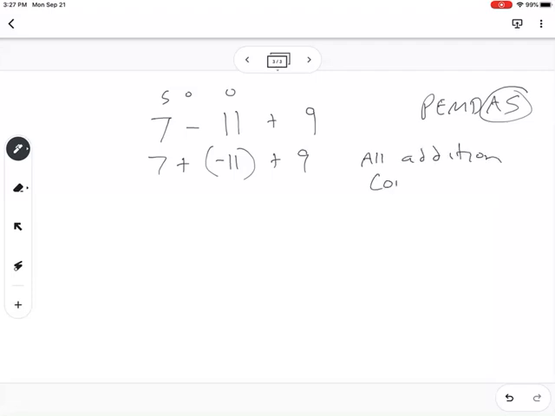And the reason we like all addition is because now we can commute, meaning we could rearrange the order of this all we want, which is going to come in handy when we get into more complicated terms. But in this case, 7 plus negative 11 we know is negative 4 plus 9. Negative 4 plus 9 is positive 5.